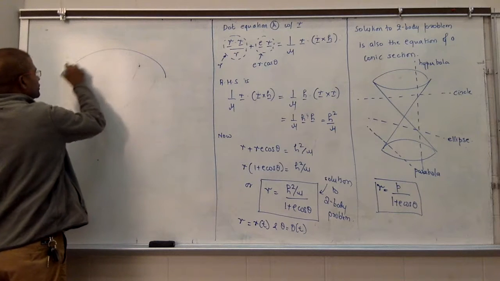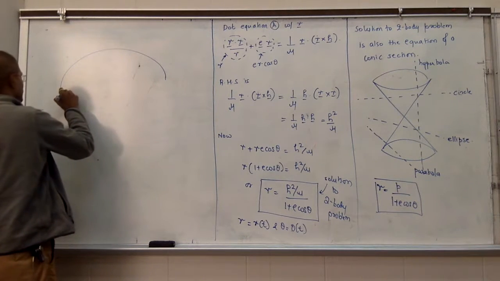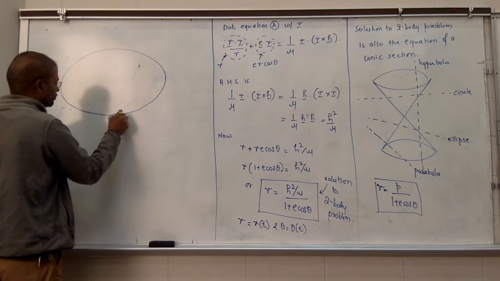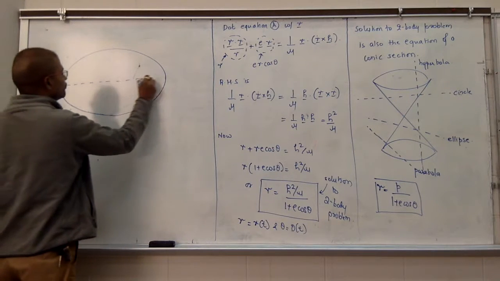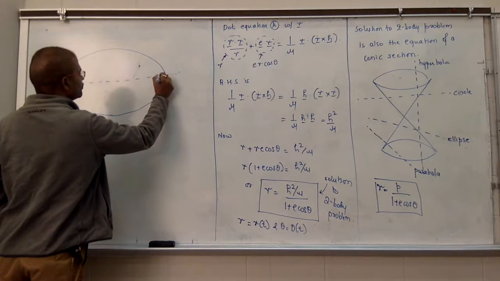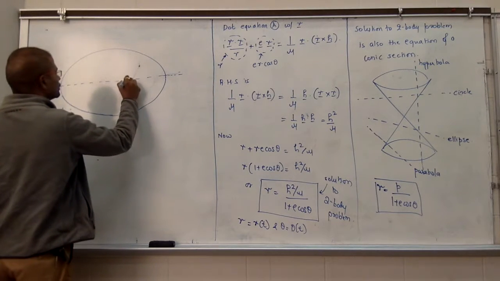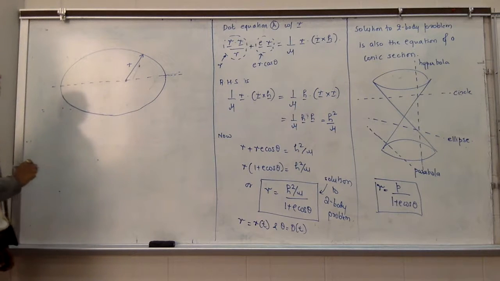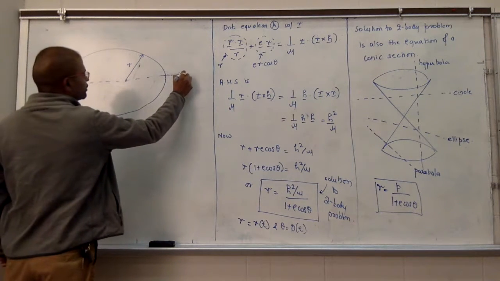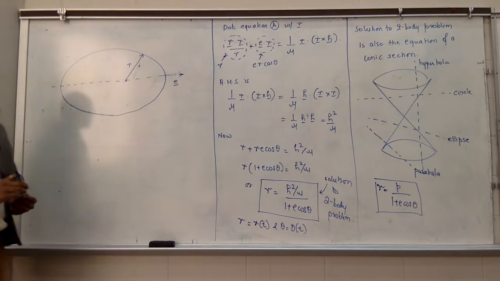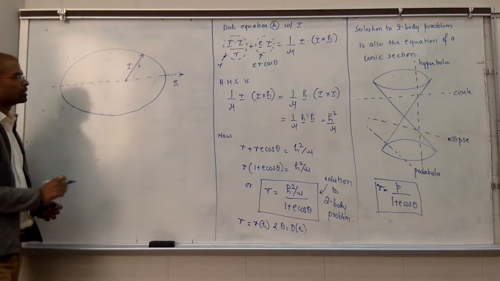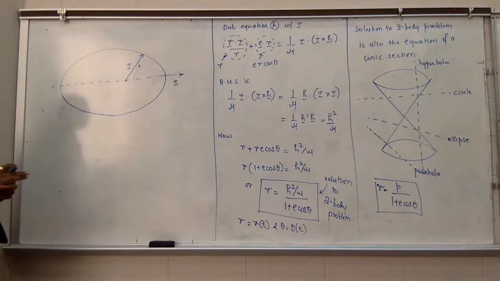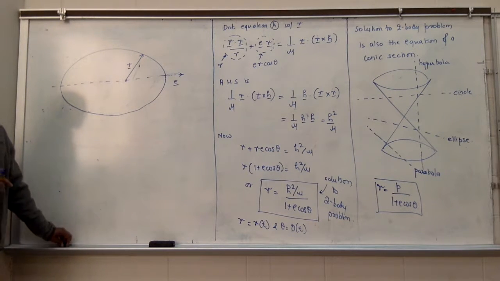Let's look at an ellipse. Now let's say this is your R. This is that vector E. What does this ellipse represent here? An orbit.